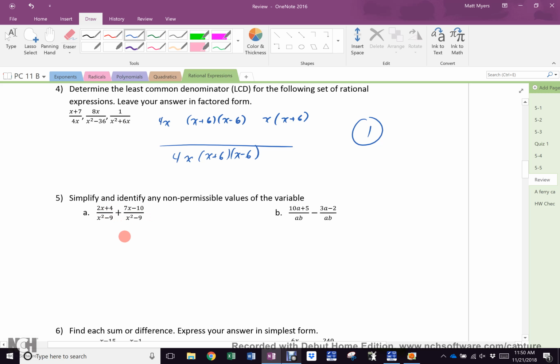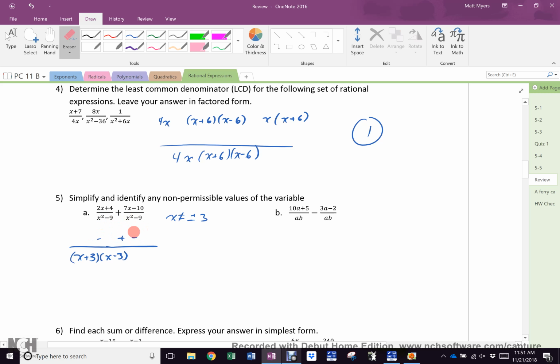Simplify and identify any non-permissible values. X cannot equal plus or minus 3. 2x plus 2 over x plus 3, x minus 3. Since they are already the same denominator, I can just keep writing 7.